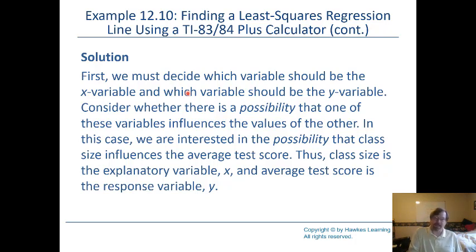No, class size really comes first if you think about it in terms of time. So we're looking at class size affecting test score. Yes, that's possible. There's a lot of talk about how lower class size is better learning and so on. So class size would be an explanatory variable, and response variable would be y.